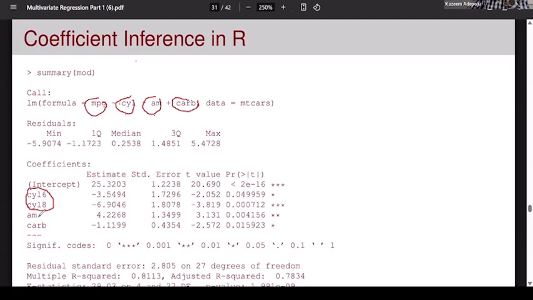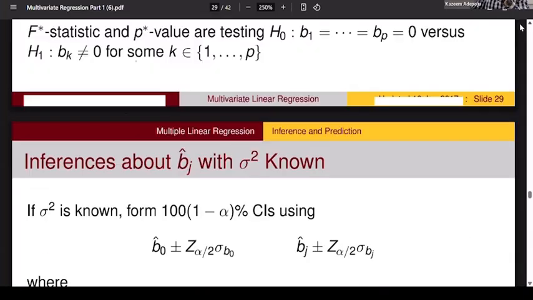Now you can see AM and carb. Here AM is continuous and carb is continuous. So take note of that. Here we are running a multiple linear regression, but in the one I showed you before, we were not running a multiple linear regression.